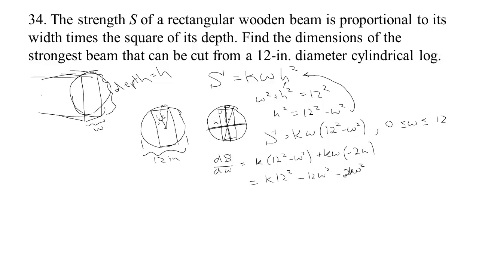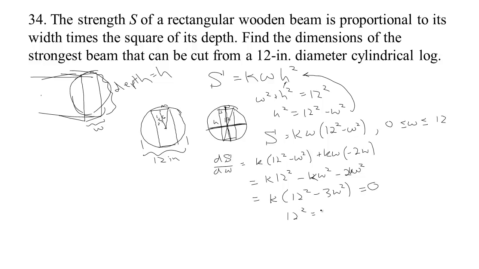Oops, 2kw squared. Okay, so altogether I have k times 12 squared minus 3w squared. Looking for critical points, places where the derivative is 0 or undefined. So the derivative is always defined, so let me go ahead and set it equal to 0, look for that kind of critical point. That's going to be 0.